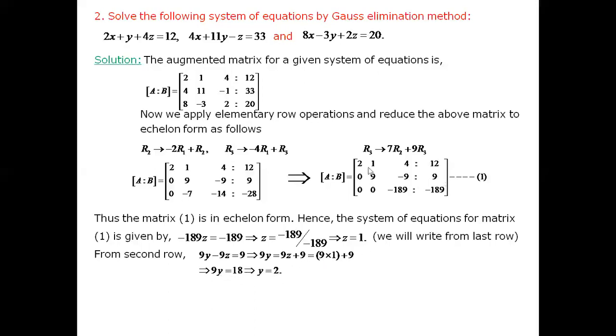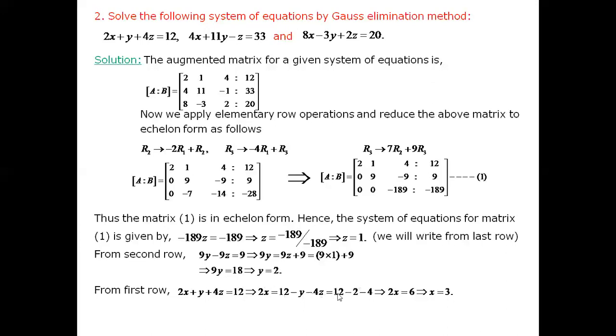Similarly, from the first row, we get the equation: 2x plus y plus 4z is equal to 12. So I want x here. So I get 2x equals 12, and take these two terms to the right hand side: minus y minus 4z.